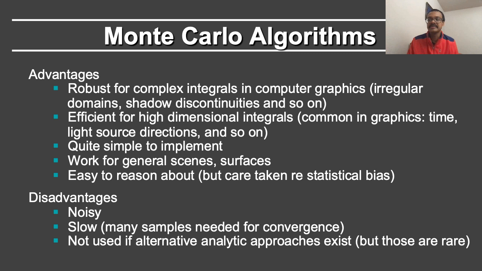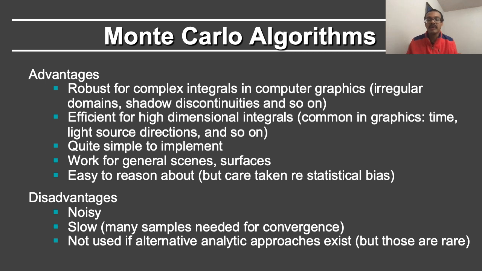Monte Carlo algorithms have many advantages. In the computer graphics context, they are robust for complex integrals. These integrals can have irregular domains, they can have shadow discontinuities, and so on. Monte Carlo integration is also efficient for high-dimensional integrals common in computer graphics, where you might be integrating across an area light source for soft shadows, across the area of the pixel for anti-aliasing, across all incident directions for global illumination, and so on.